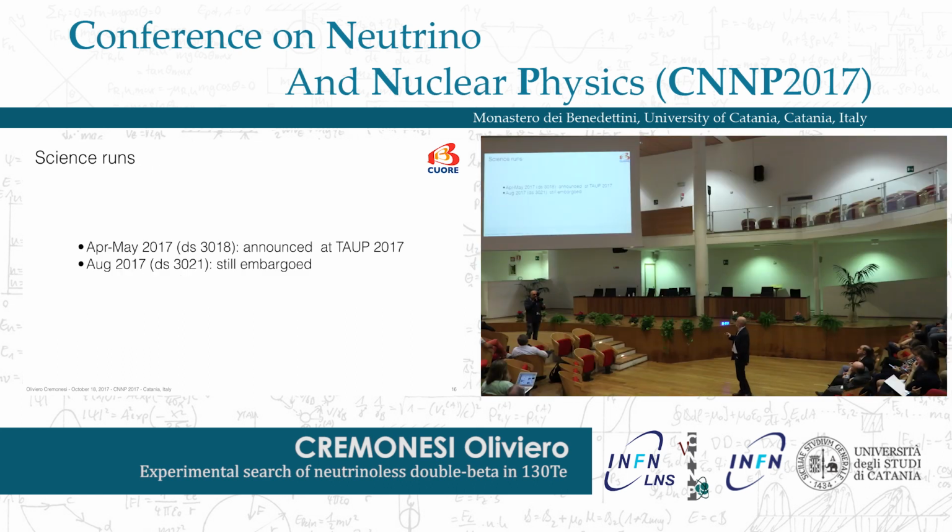This is a short summary of the data already taken. The data from May were announced at TAUP 2017, while the new ones collected during August are still embargoed, as reminded yesterday, and will be announced next Monday, so in a few days.